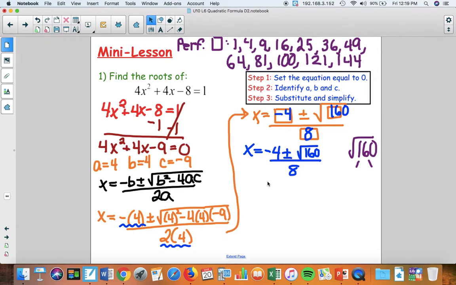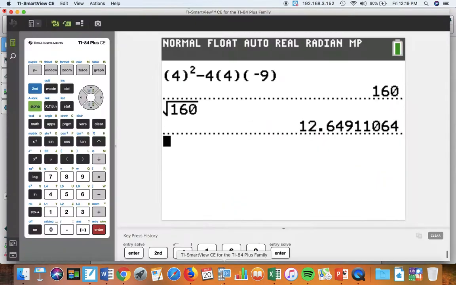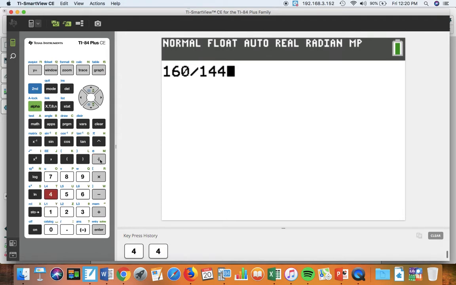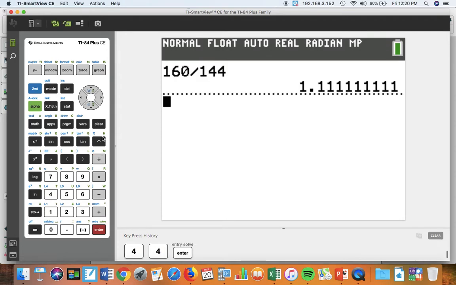So we're going to use this list to help us figure out what's the biggest perfect square that goes into 160. So we start with 160. Let's divide this by the first perfect square that's smaller than it, which is 144. This does not give us a nice number, so that does not work.